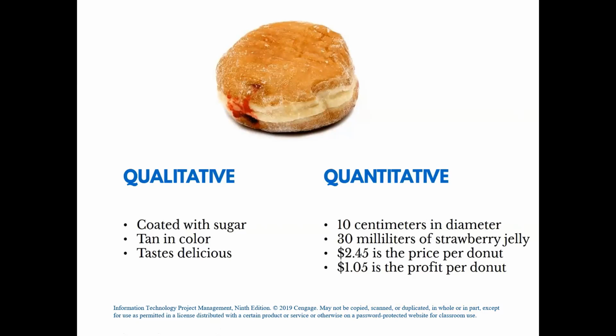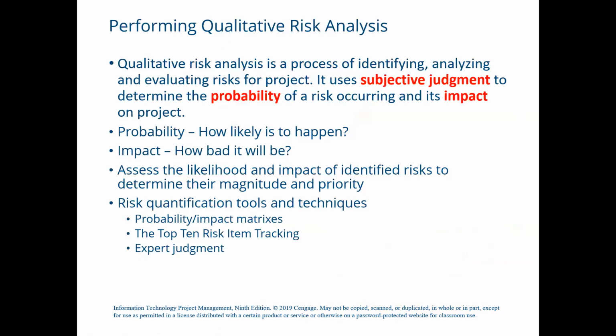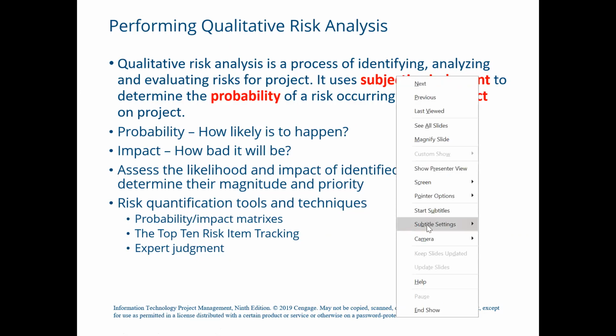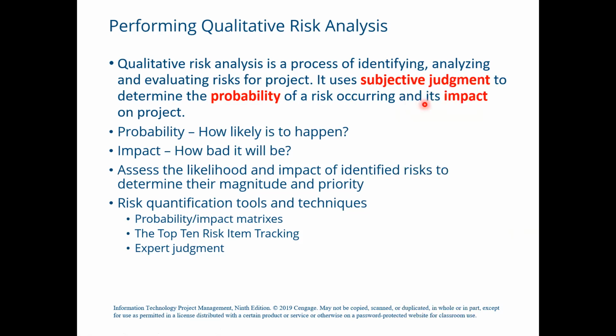Now let's discuss in this video how to perform qualitative risk analysis. Qualitative risk analysis is a process of identifying, analyzing, and evaluating the risks for a project. It uses subjective judgment, as I explained just now, to determine the probability of a risk occurring and its impact on the project.